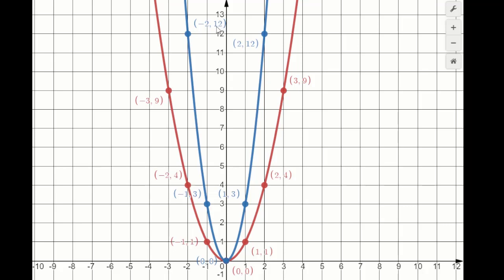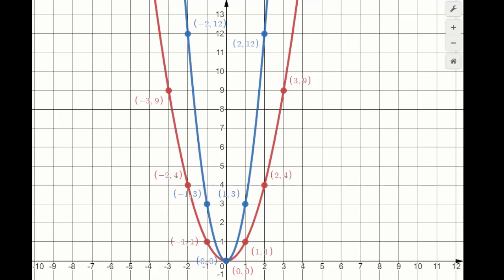Now let's look at the other values. What about this one right here? On the same grid, the y value of the descendant function is 3 versus 1. And when x equals 2, the parent function has y value equals 4, but the descendant function has y value equals 12.